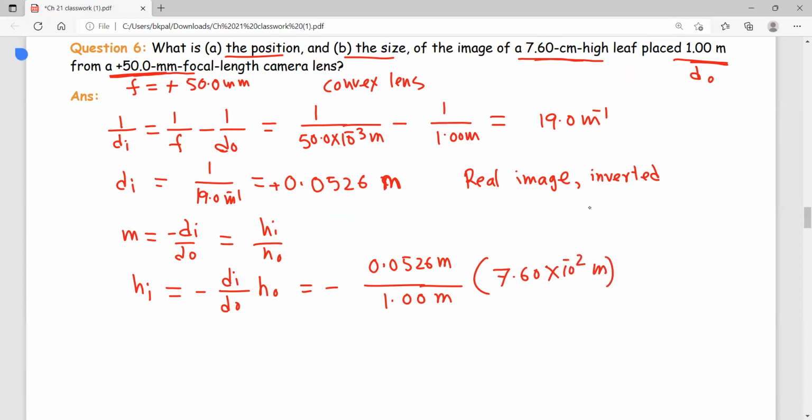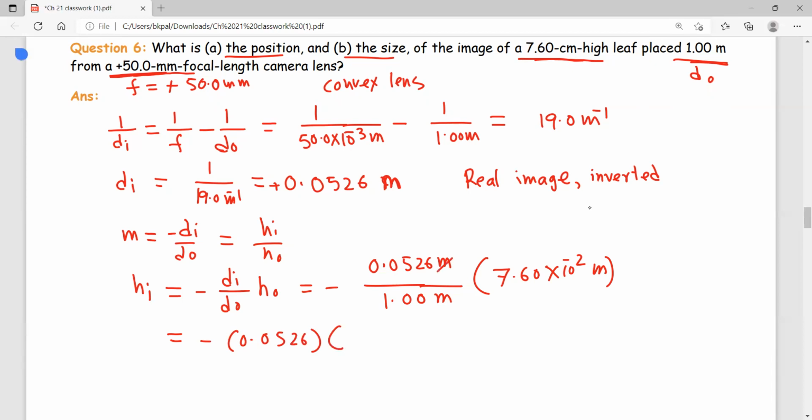So you can keep it in centimeter or you can convert it into meter. If you do this math, you should get minus 0.0526.